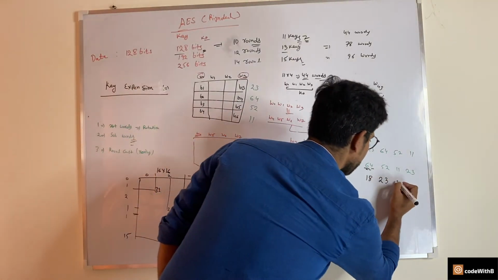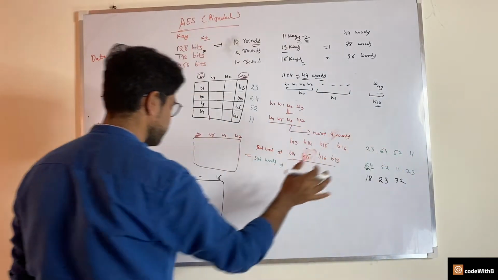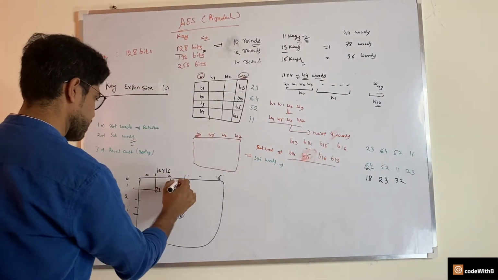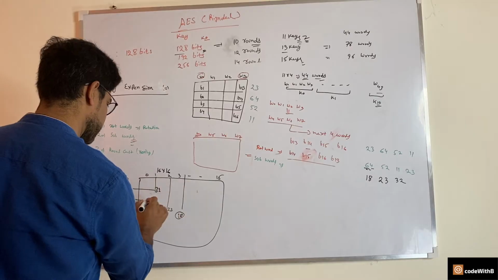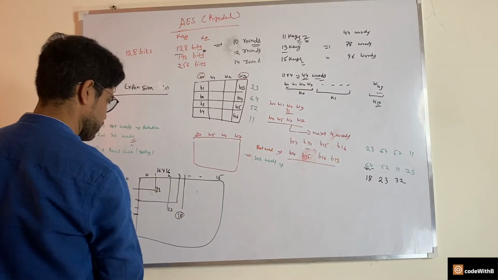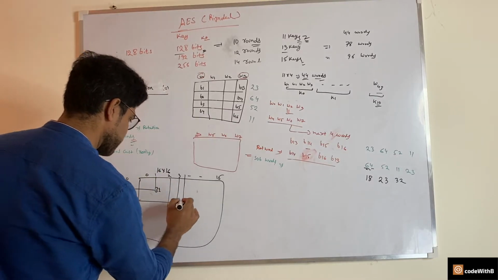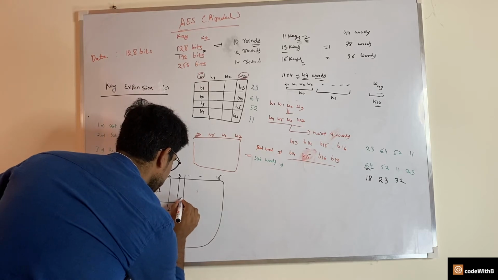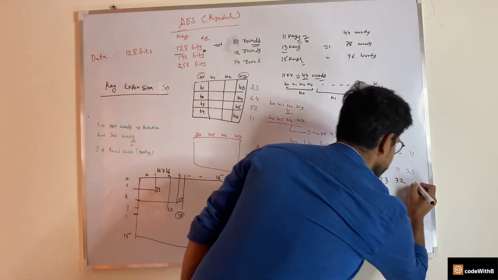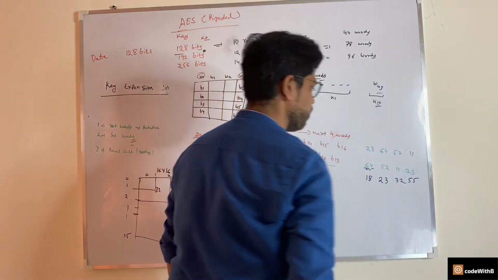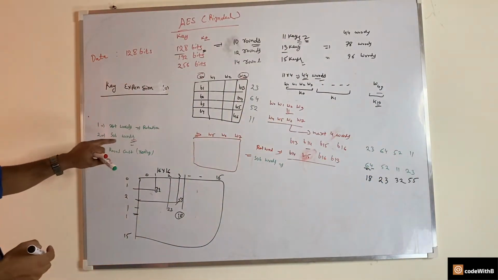So we have got 32 over here, and then 23, which is this, and the last one we will replace by 55. Okay, so this is the subwords.